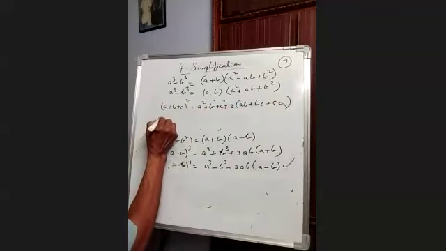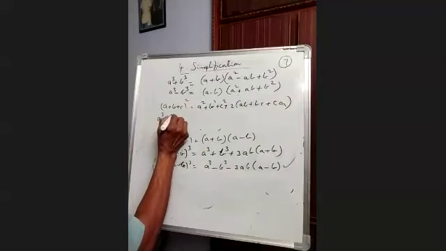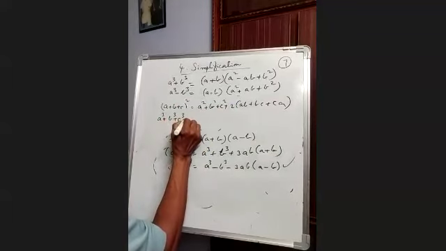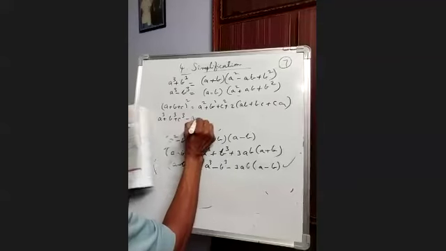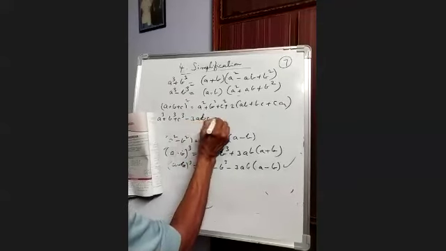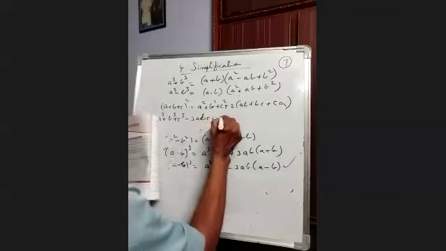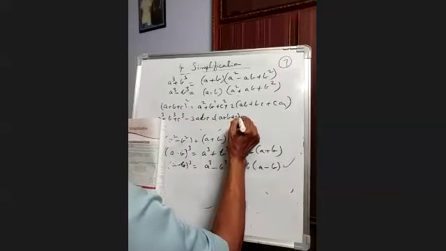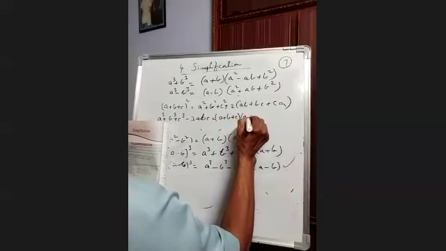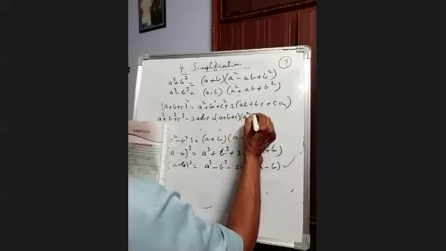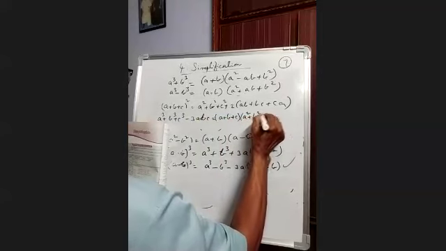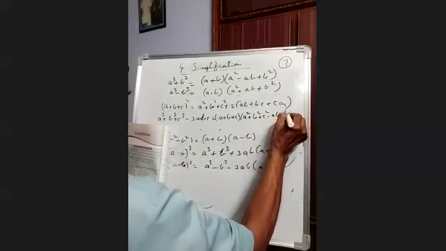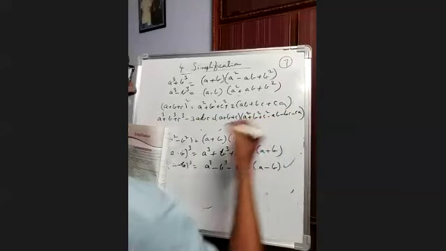One more: A cube plus B cube plus C cube minus 3ABC is equal to A plus B plus C into A square plus B square plus C square minus AB minus BC minus CA.